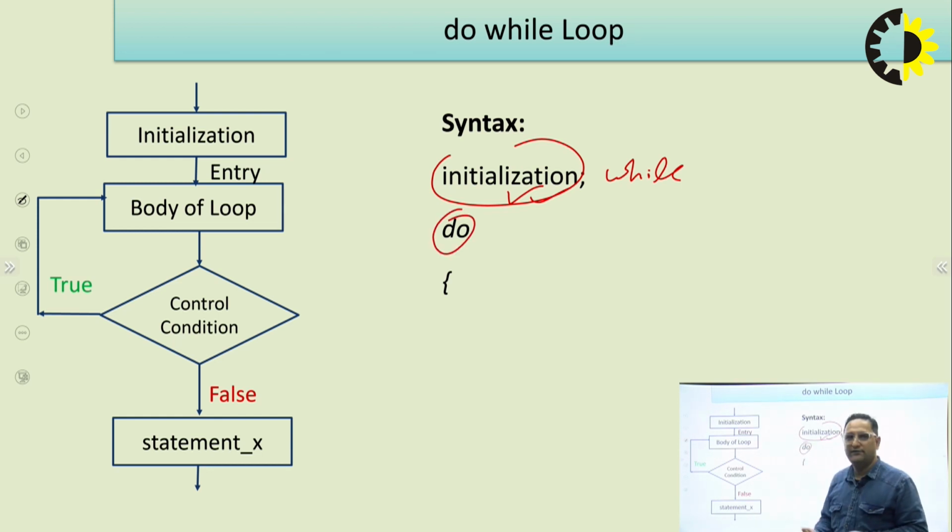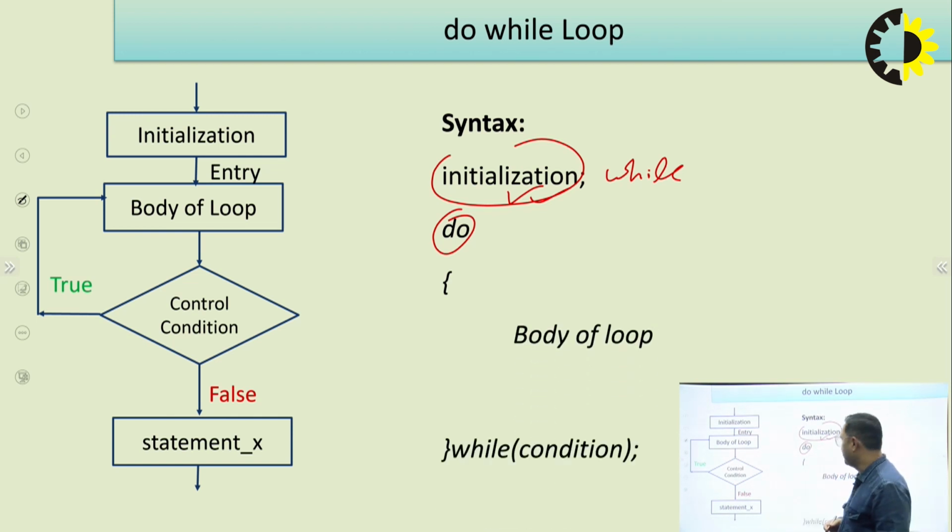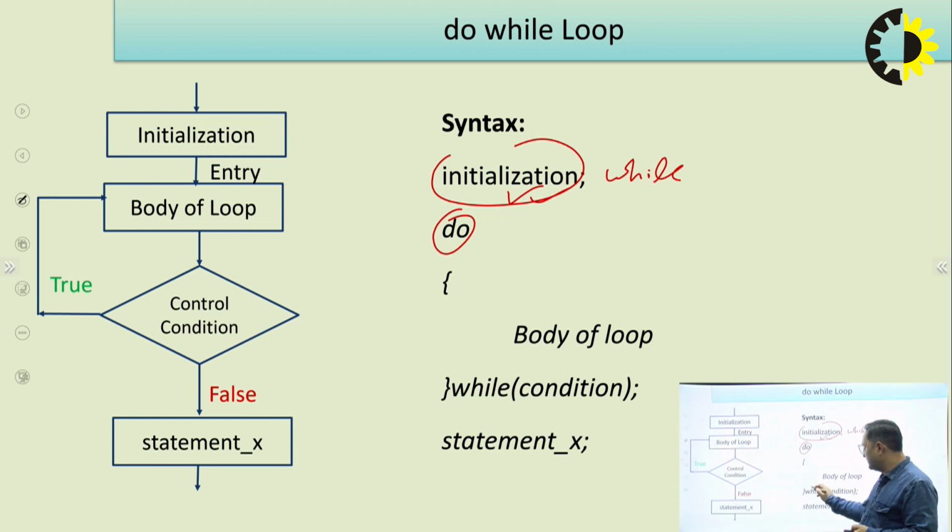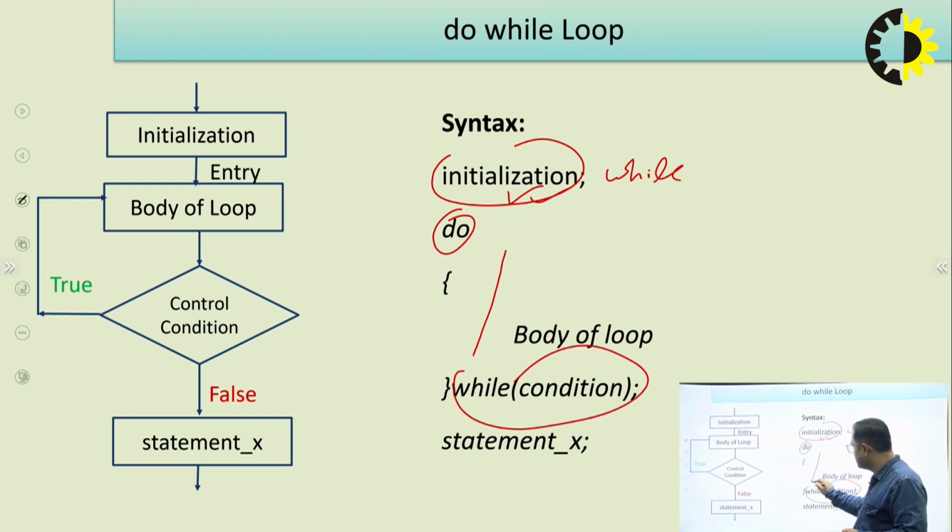So we have three keywords: while, for, and do. Then the body of the loop, and this is the condition. Your program will be executed at least once, and then the condition will be evaluated. If the condition is false, it will exit from the body of the loop and the next statement gets executed.